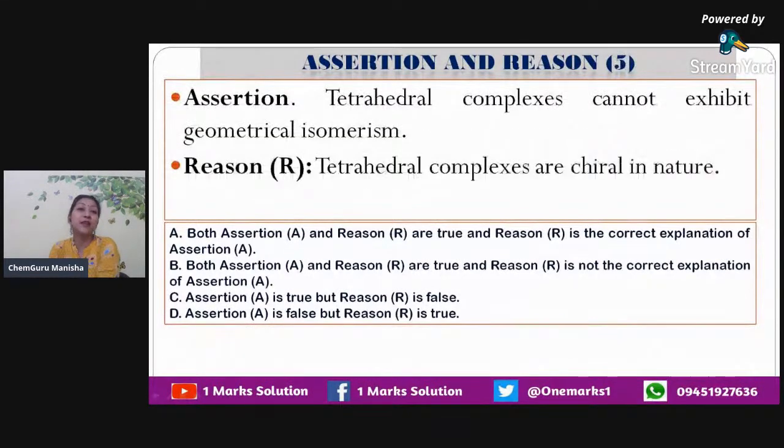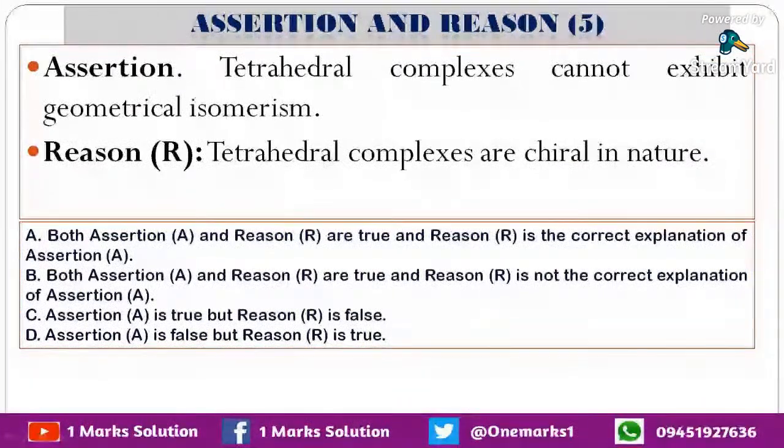Fifth statement that we have is tetrahedral complexes cannot exhibit geometrical isomerism. Let us understand how tetrahedral complexes look. You have this metal, and you have ligand, ligand, ligand, so you have metal and ligand complexes like this. This is tetrahedral.